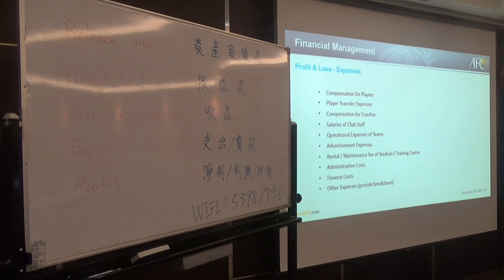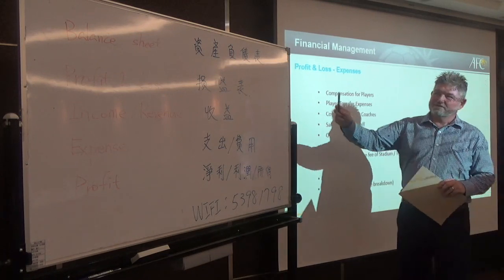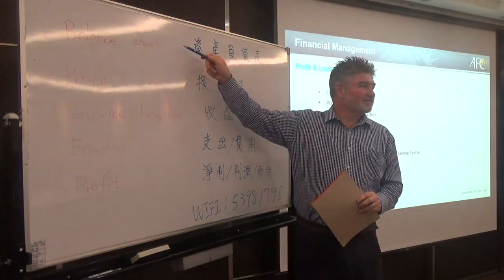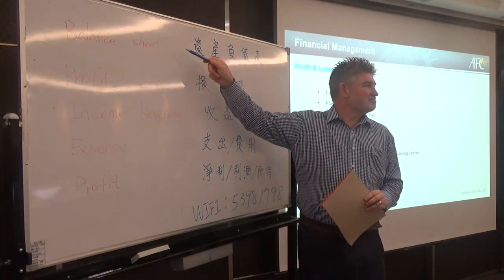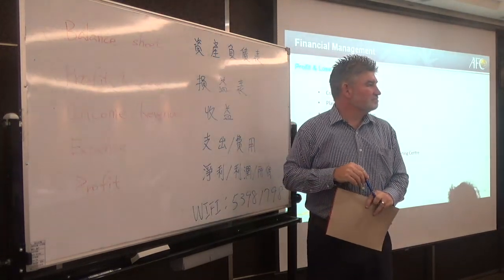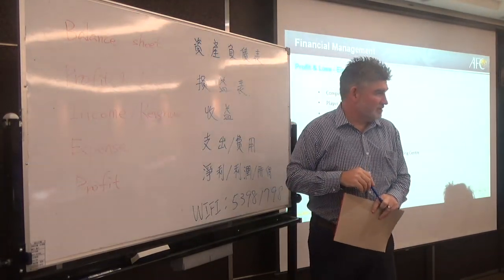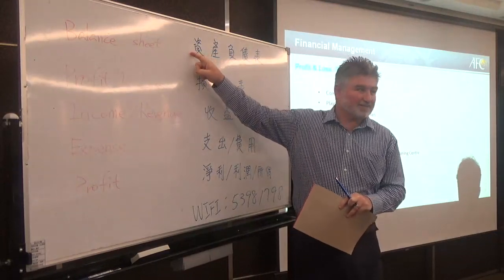好，我们要来公布答案喽。Answers. So who's brave enough to give me an answer? 有没有人自愿站出来讲5个答案？First question was, which one is at a point in time, and which one is over a period? 来，长明。We've got the balance sheet. Point in time, correct.